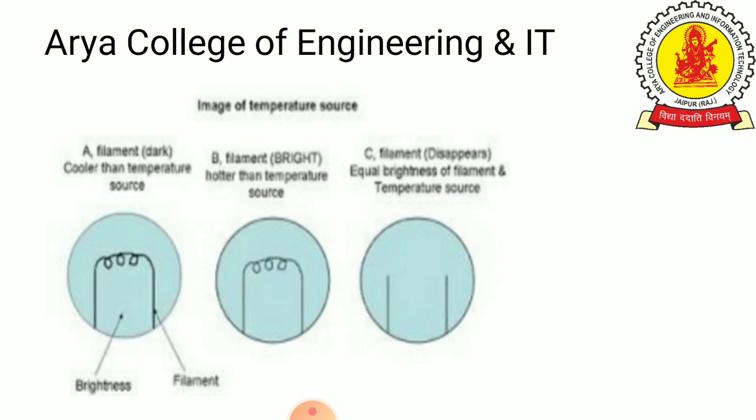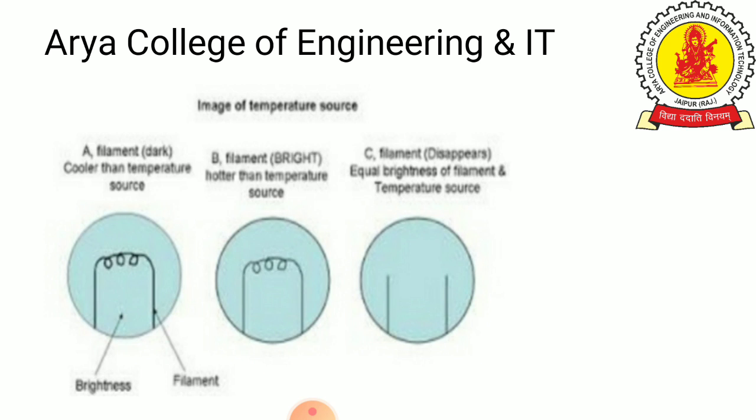Now there are three situations of the filament: filament A dark, filament B bright, and filament C disappears. So cooler than the temperature source gives the filament A condition, hotter than the temperature source gives the filament B condition, and the filament C condition is equal brightness of filament and temperature source.